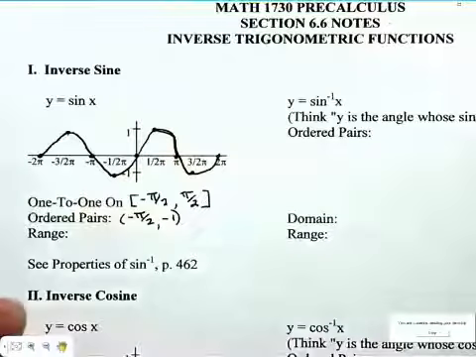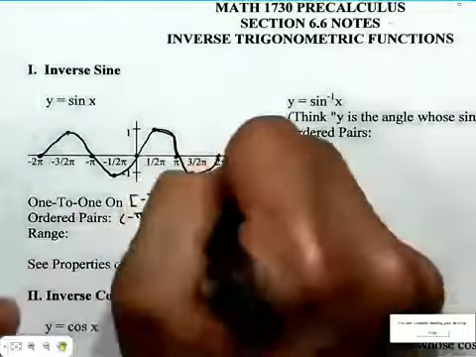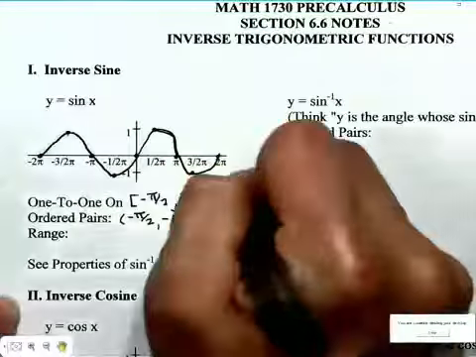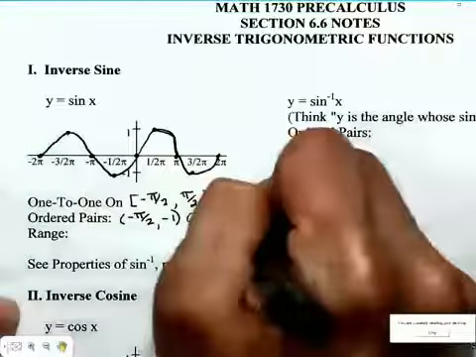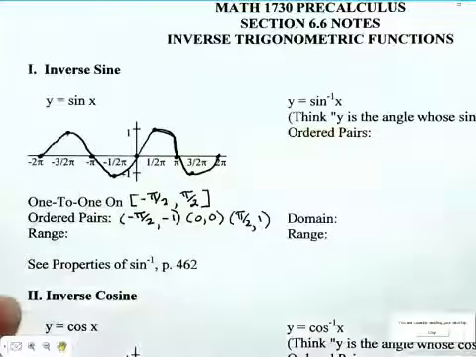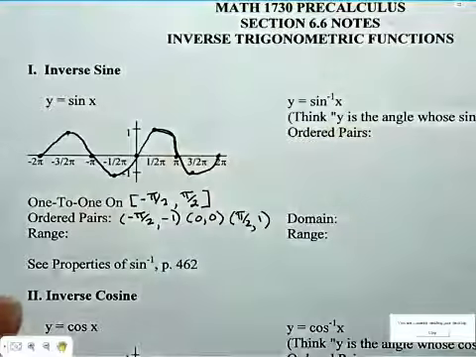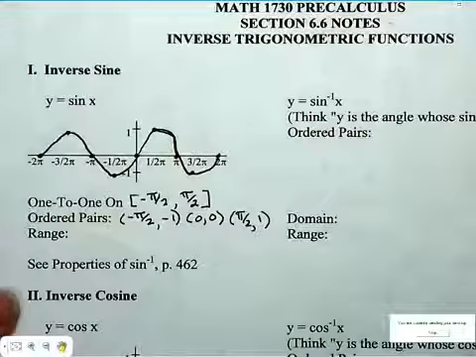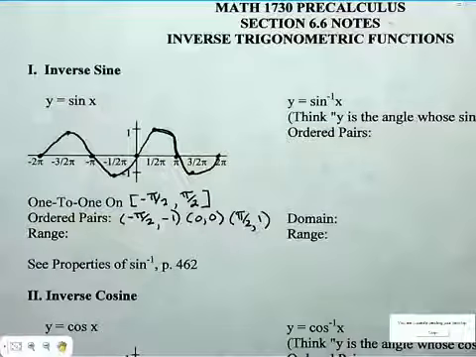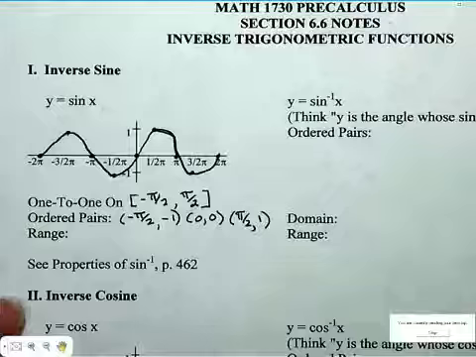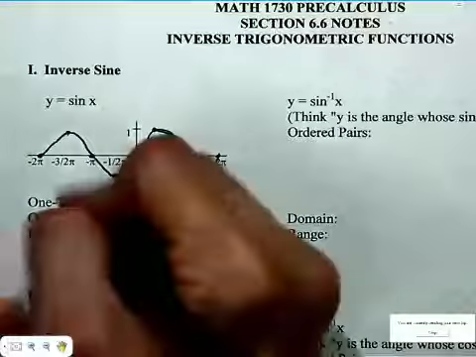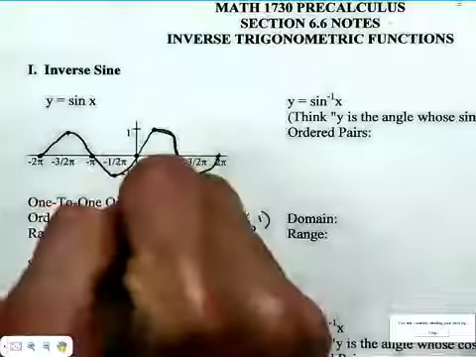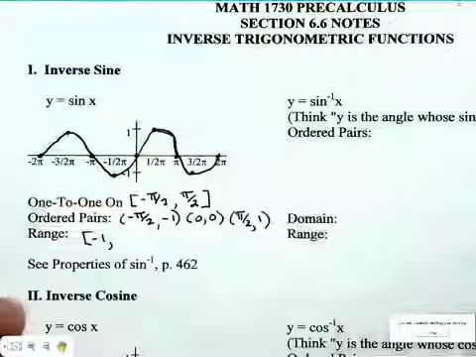At 0, sine is 0. And at +pi over 2, sine is 1. What's the range of that function? Range refers to the y values. The lowest y value on the graph of sine is -1, and the highest y value on the graph of sine is +1.